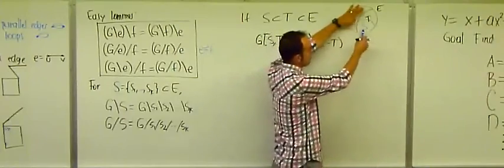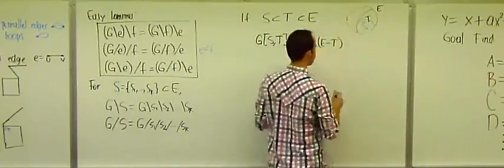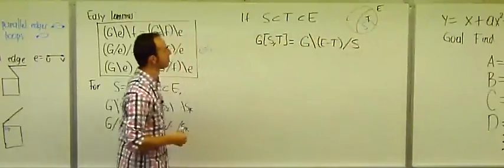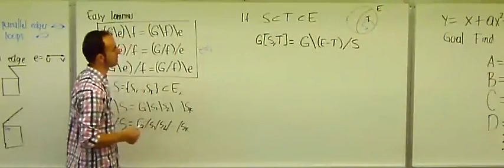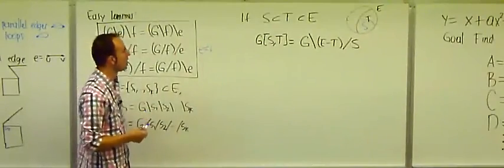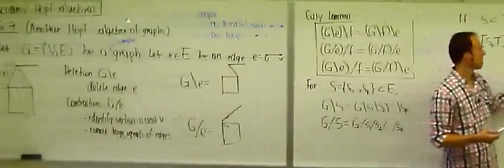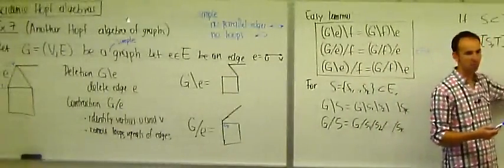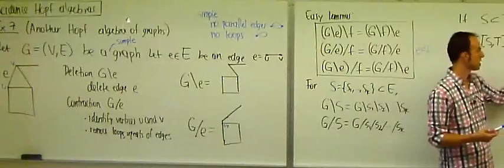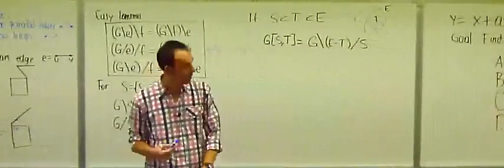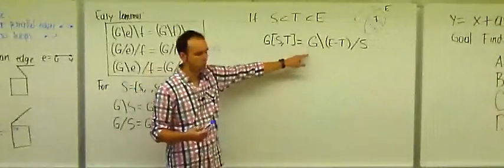And I contract all the edges in S. Okay? And so I can just define that. And again, the point is that because deletion and contraction commute, it doesn't really matter what I put first. I could have also written G/S \ E minus T, and that would be the same thing. Okay? And you'll see later why we want to make this definition.